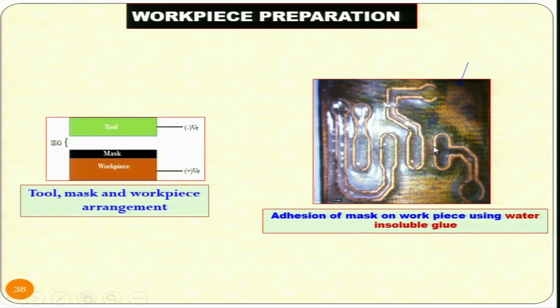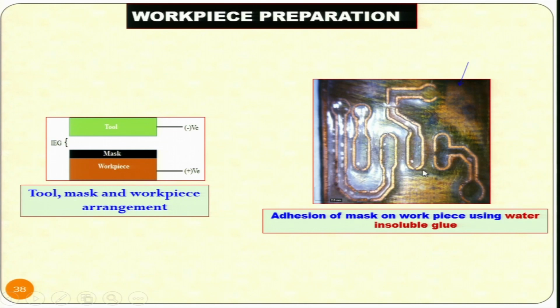Now, you can see here these are the open areas from where material will be removed, but in these areas here there is no open area. So, in fact this is not the one that you would like to have as an actual or real life PCB, printed circuit board, but in fact this was the first attempt made by anyone in creating a PCB using this electrochemical micromachining process.